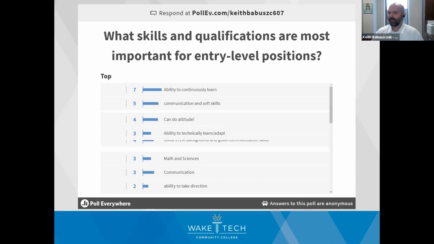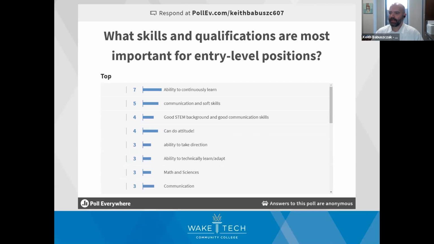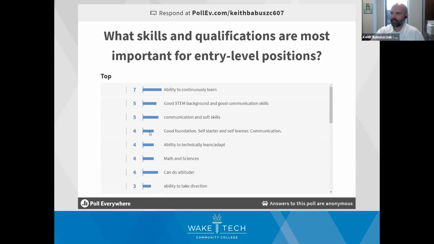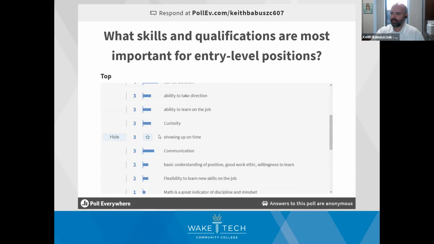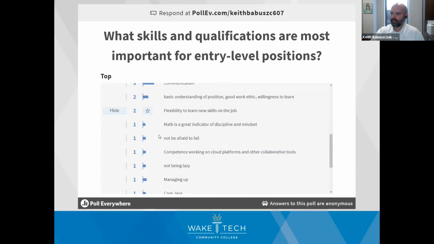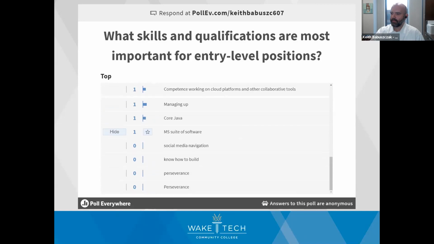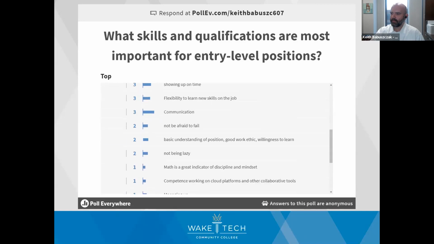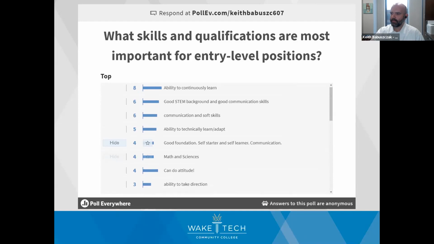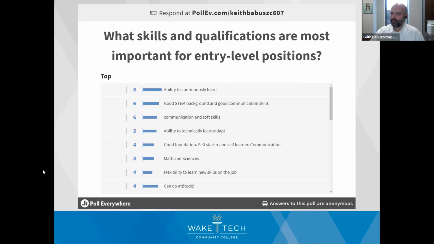And it's all anonymous, so you don't feel like you're hurting someone's feelings if you're downvoting or upvoting things. That's great. Thank you. Really good feedback.